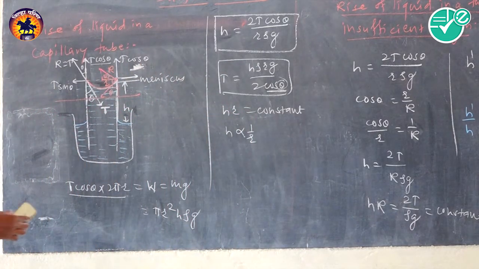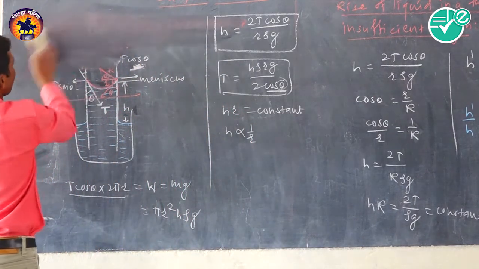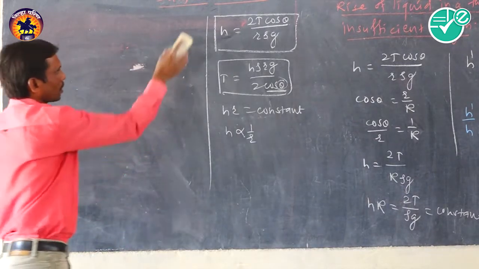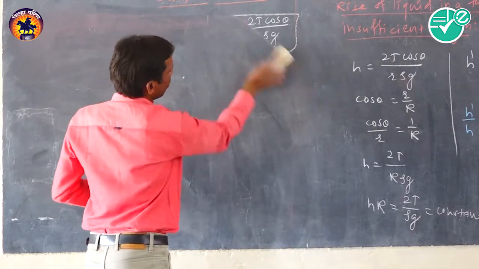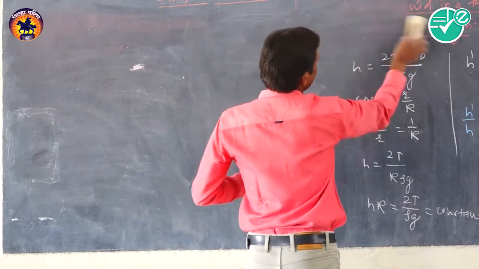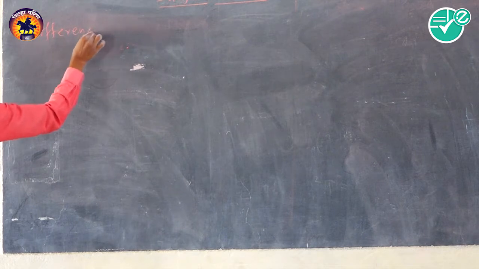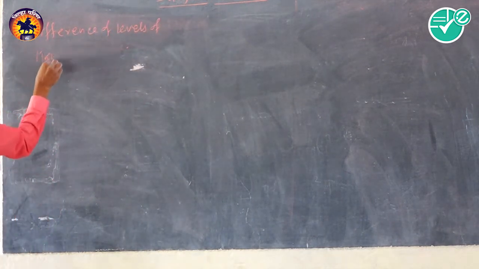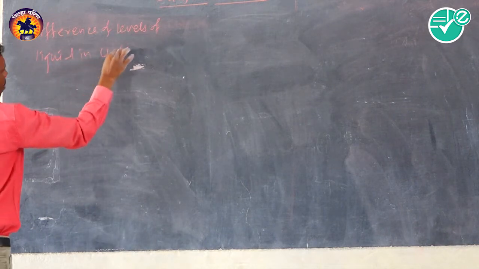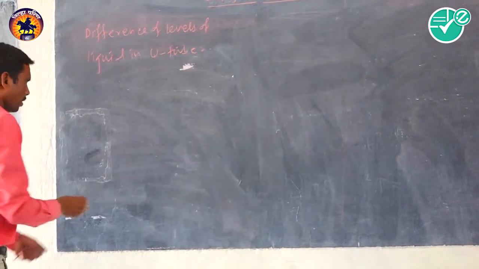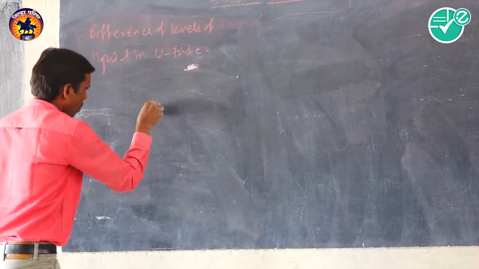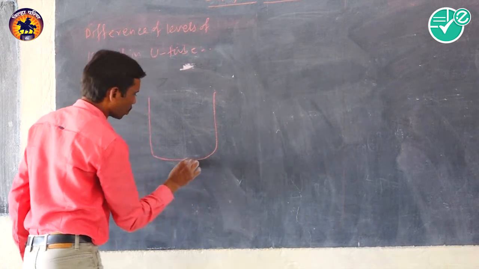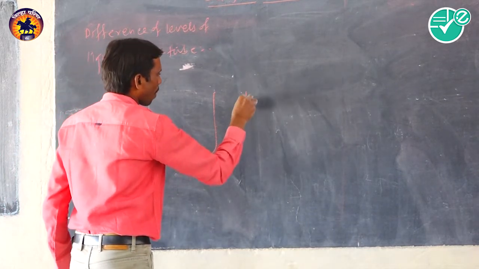Then we shall discuss the difference of levels of liquid in a U tube. Now consider a U tube, meaning the shape of the tube is like a U, having two limbs.